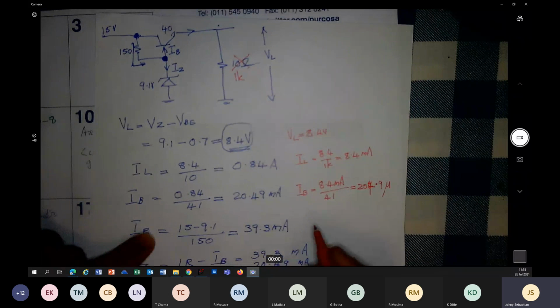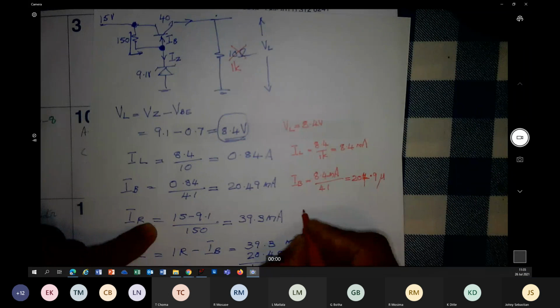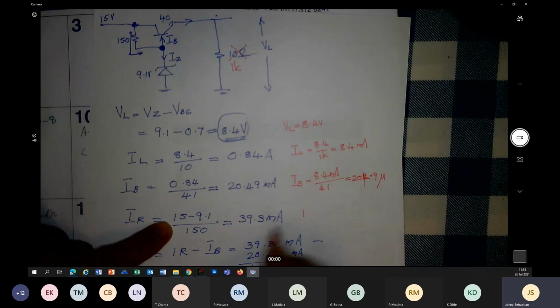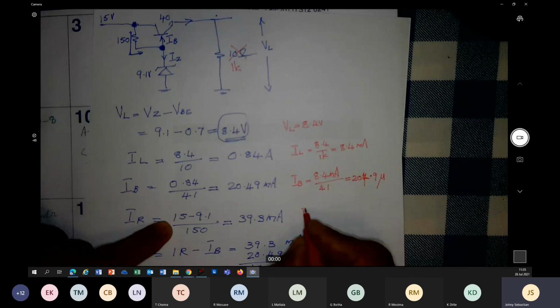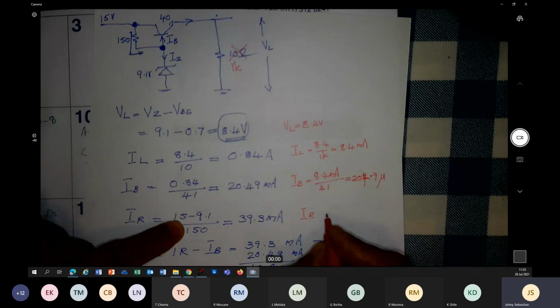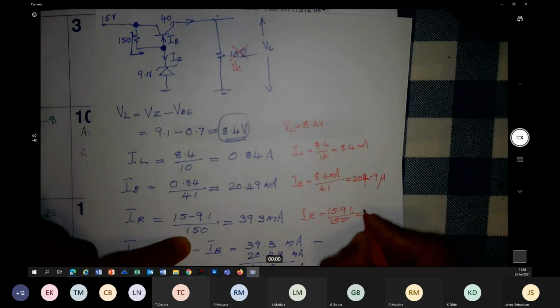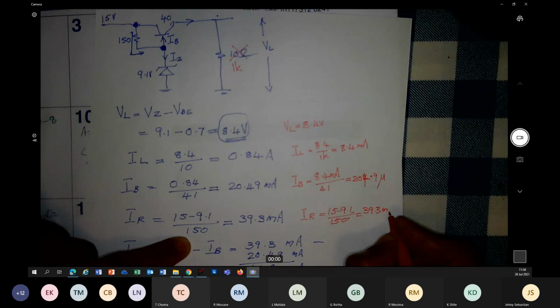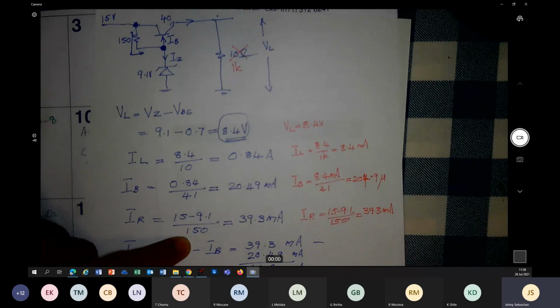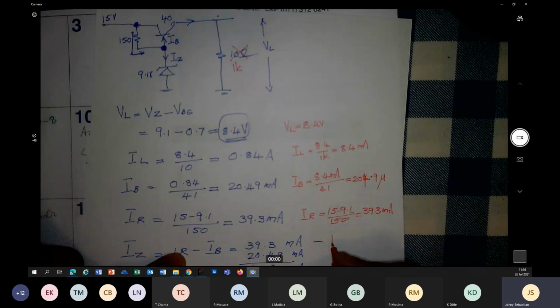Now, of course, your IR is supposed to be the same. IR is the same because 15 is still 15, there is no change. So that is 39.3 milliampere. Now, what about IZ?